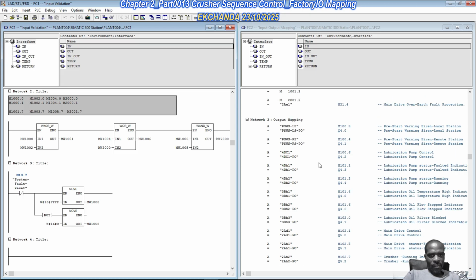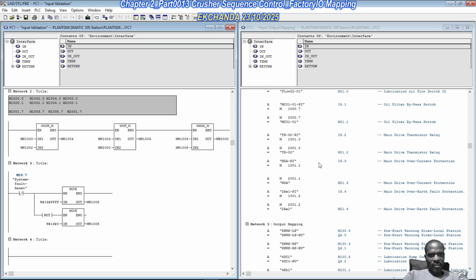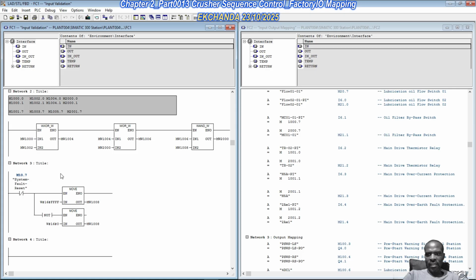Previously, if you remember, we assigned the inputs to bits in the memory word, where we started with memory word 1000 as assignable bits to whatever inputs we're getting externally. And of course we also had memory word 2000, which passed the signal states to the memory bits in our logic.